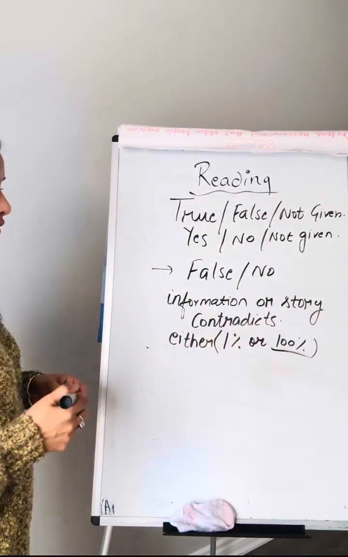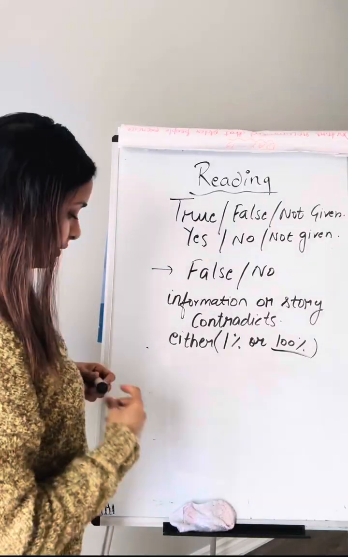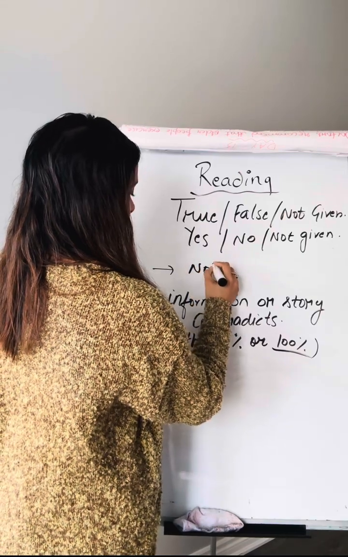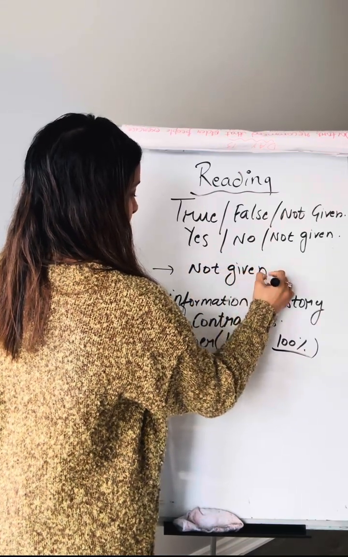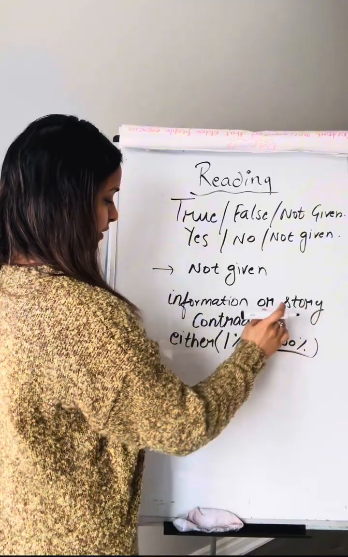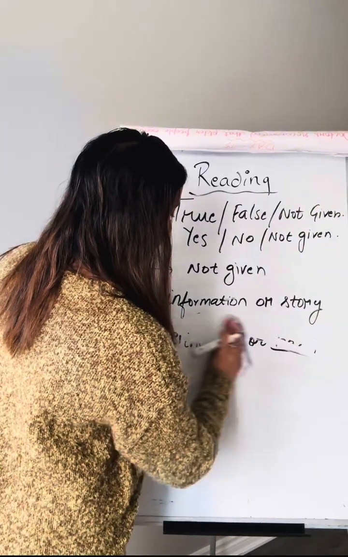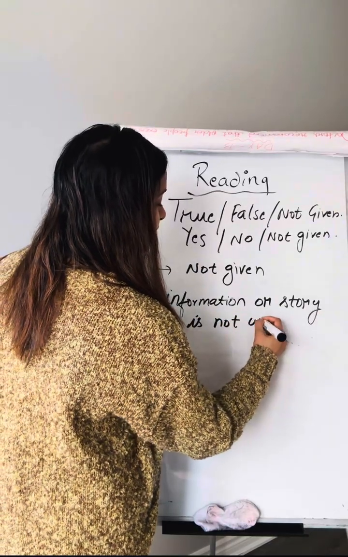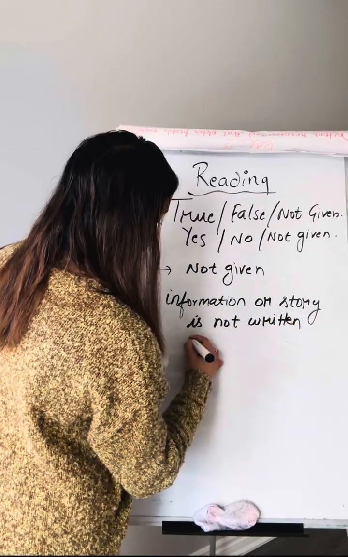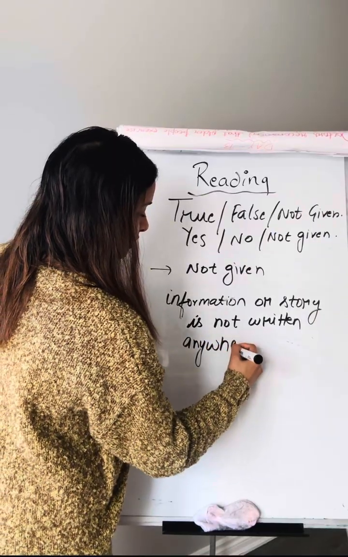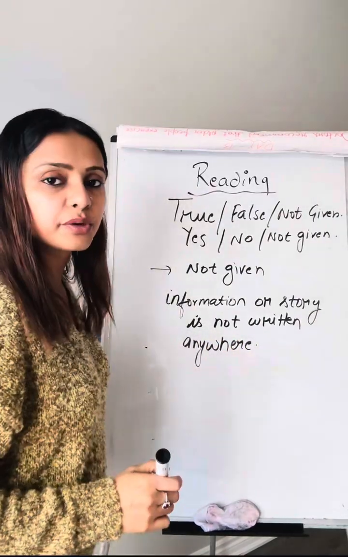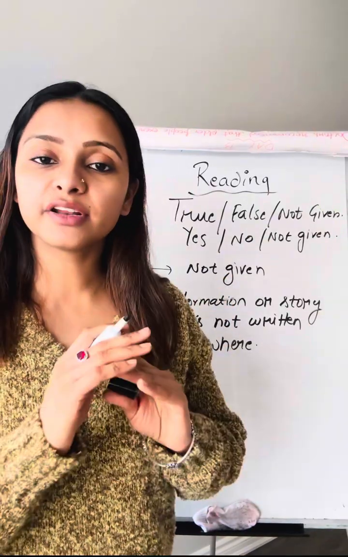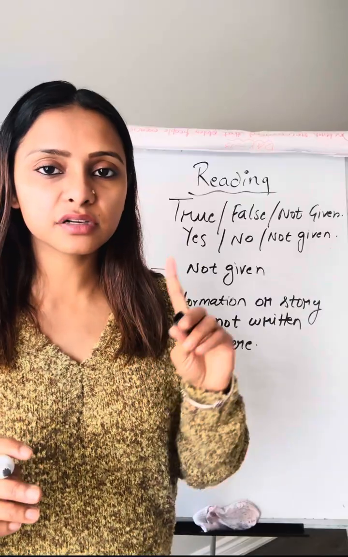Now in case of not given, if the information or story is not written anywhere, if the examiner is asking you a question which is not written in the passage, that is not given in the passage, so you will write the answer not given.